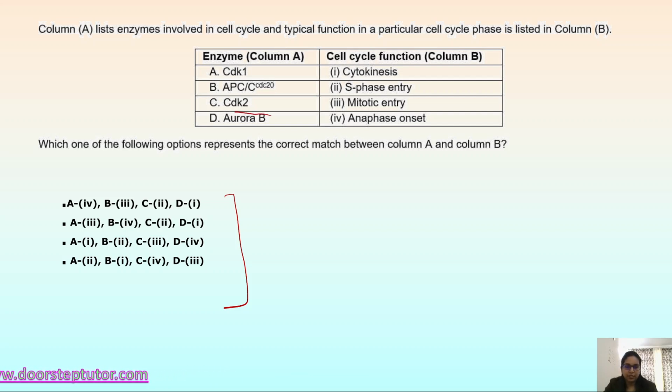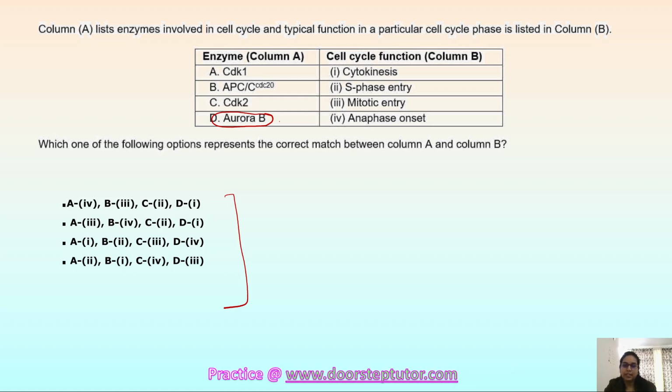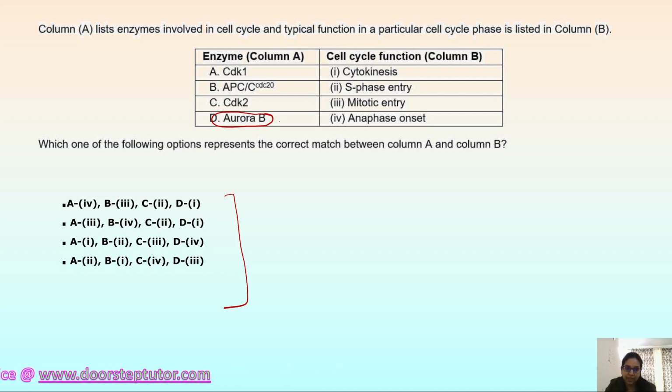We'll start with the last one, Aurora B. Aurora B is basically involved in mitotic spindle formation as well as in cytokinesis.